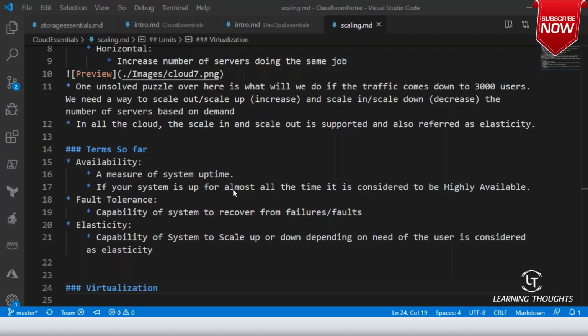The criticality of your application defines availability, and once the availability is defined, that defines the need for fault tolerance, and that defines the need for elasticity also. So it is all your application that will decide.